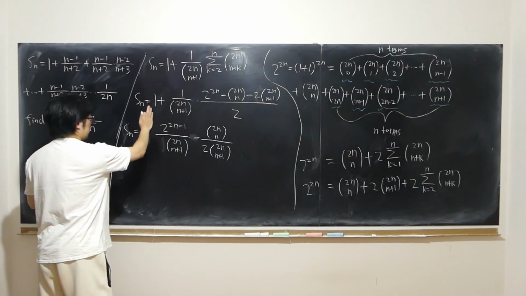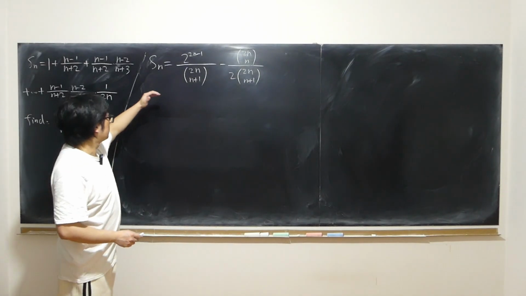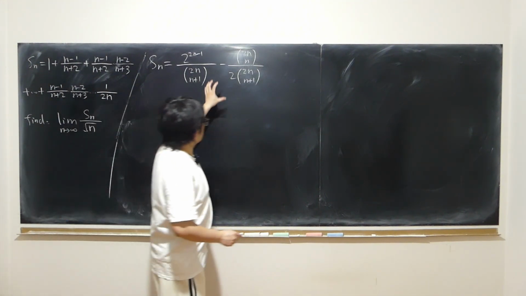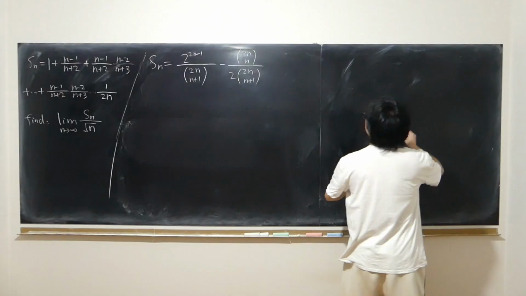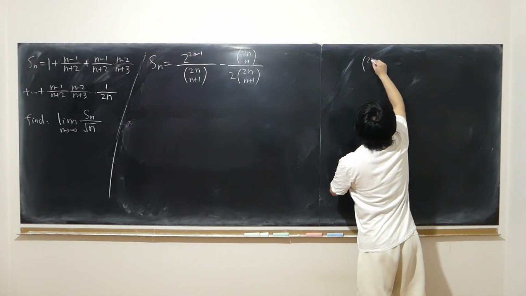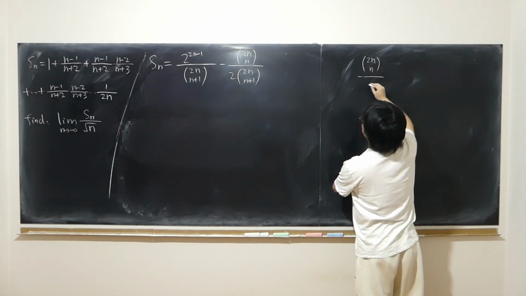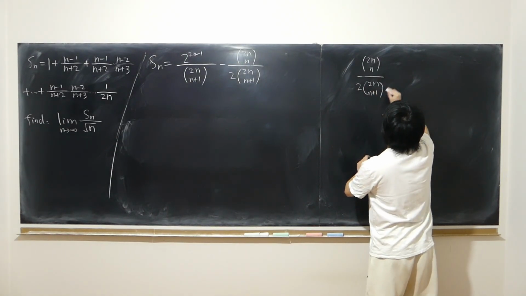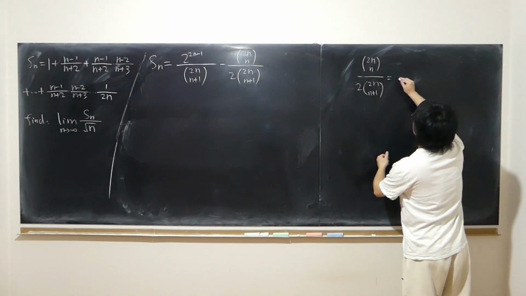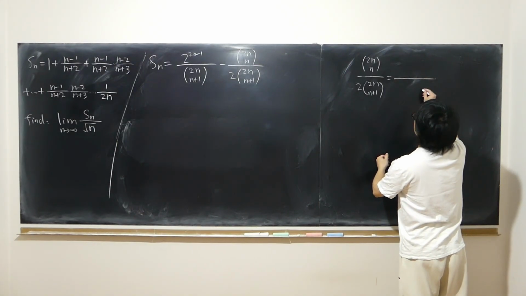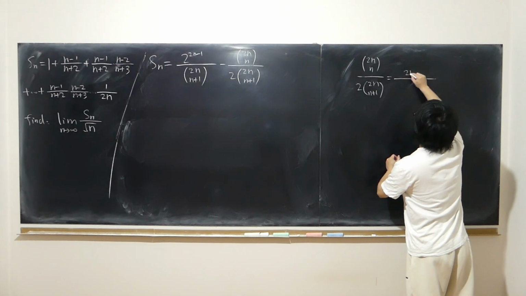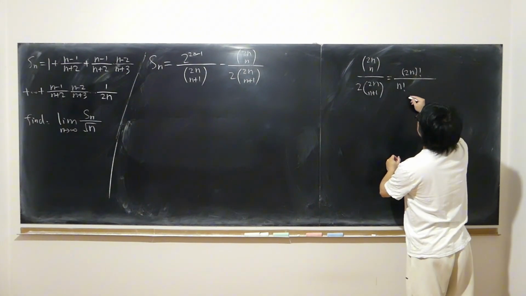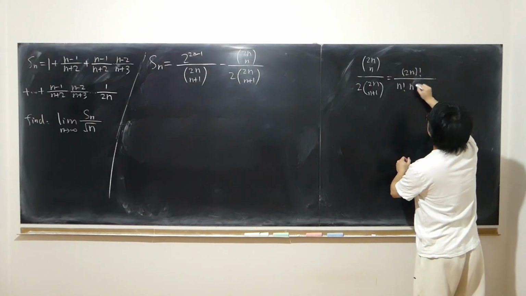So this time we have this. Here we turned our Sn into this format. Like I said, I can simplify this one only: 2n choose n over 2 times 2n choose n plus 1. Here we can just write everything down: 2n factorial, n factorial, and this minus this, n factorial again.